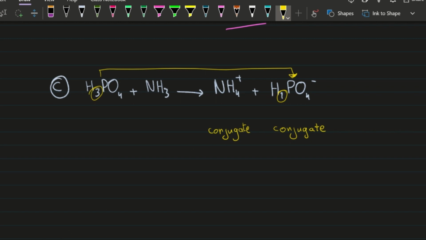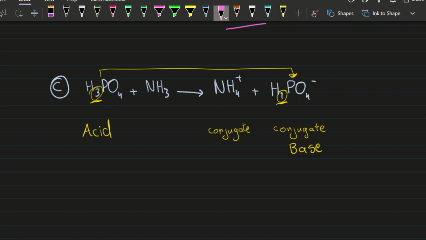If it lost a hydrogen, what do we say? We say that it is a base. And because this has more hydrogen than this one, it is going to be your acid.